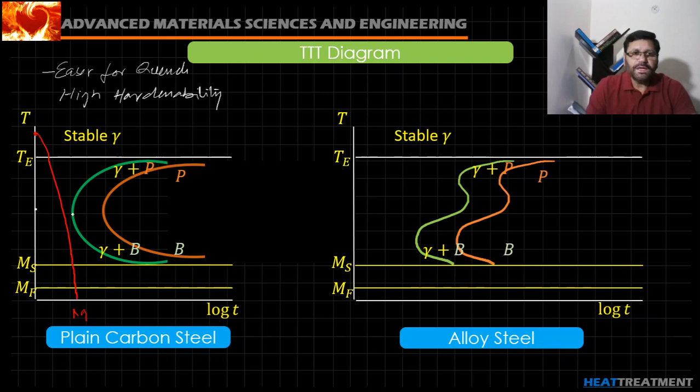This means that if we have more allowance, or we may resort to a low rate of cooling, then we have more hardenability.